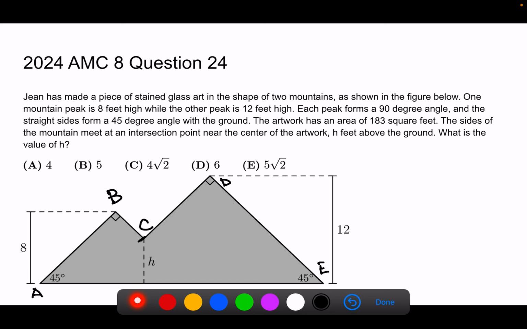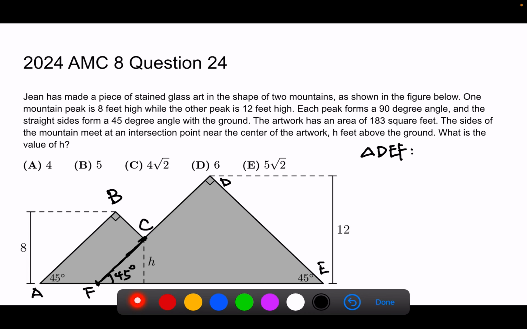If we extend DC to here, let's call this point F. This angle is also going to be 45 degrees. So triangle DEF is going to be a 90-degree, 45 and 45 degree isosceles right triangle.